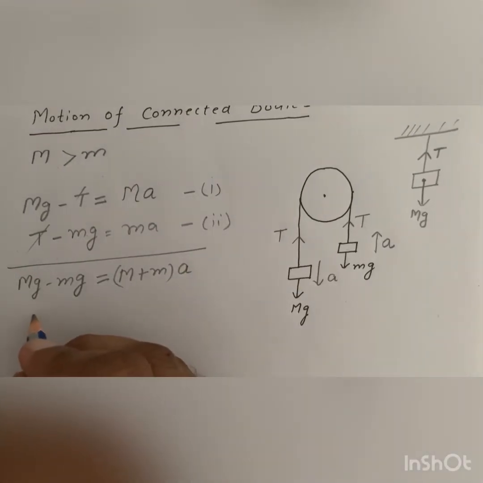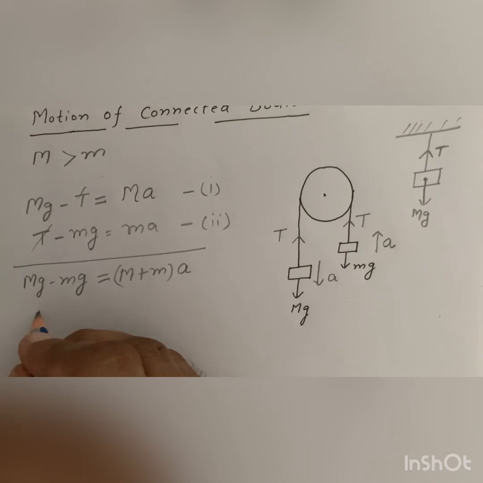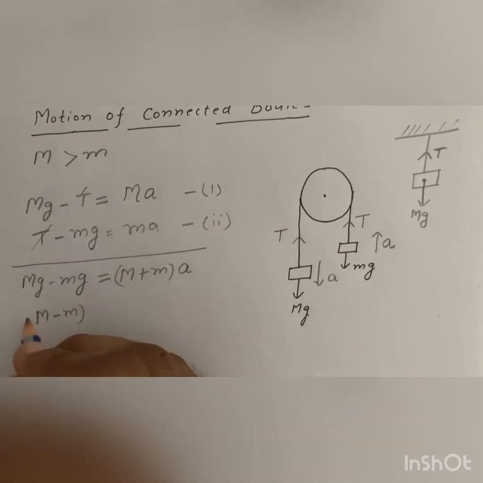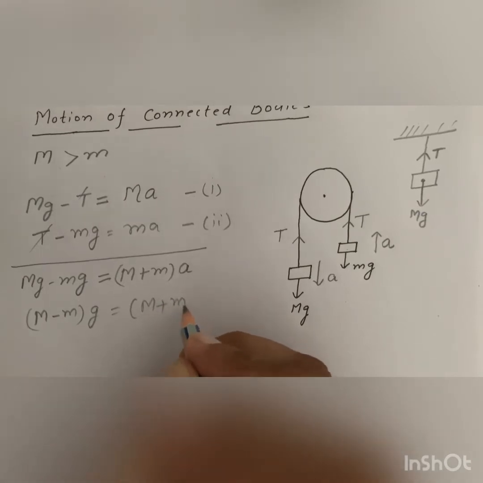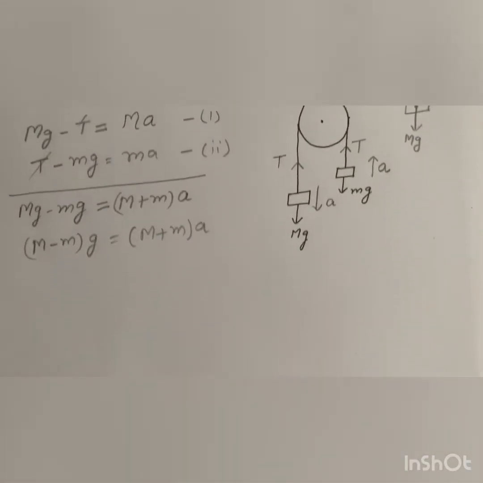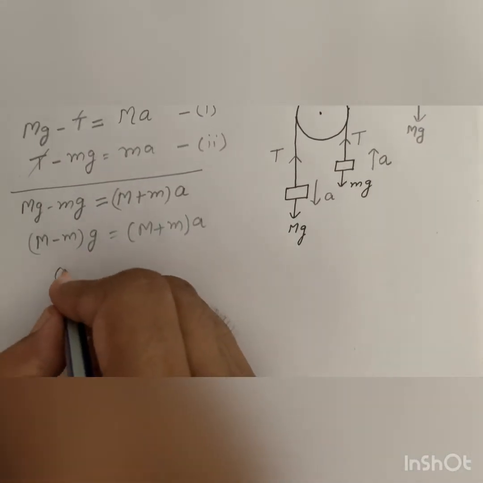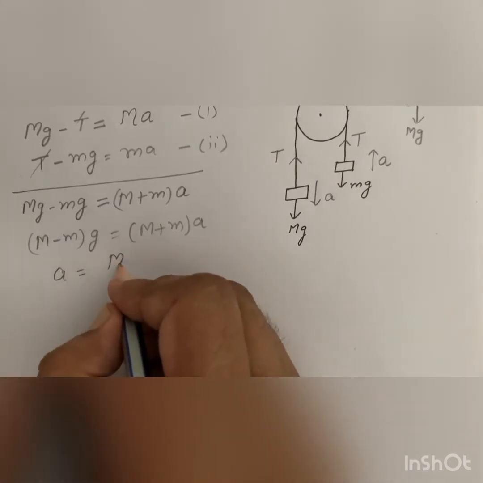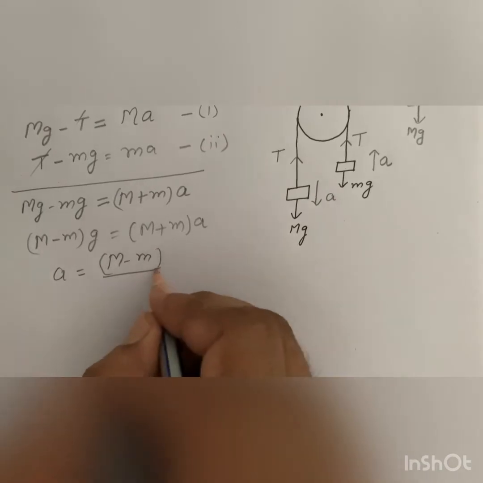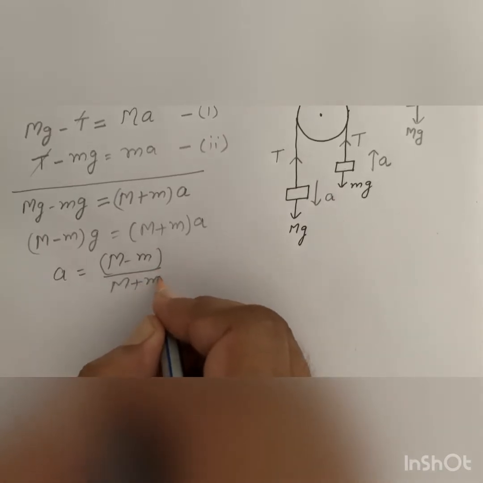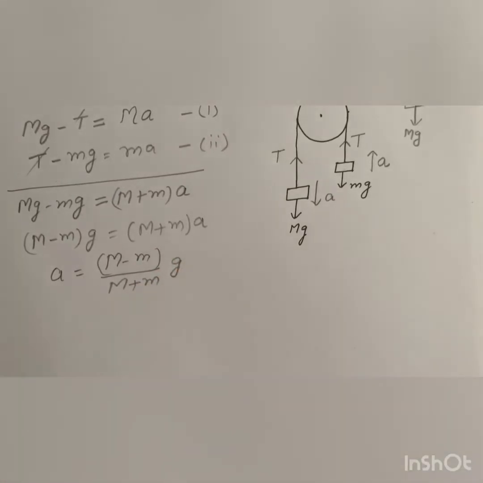Here we have M minus m, g equal to M plus m, a. So the acceleration of the body is a equal to M minus m over M plus m, g.